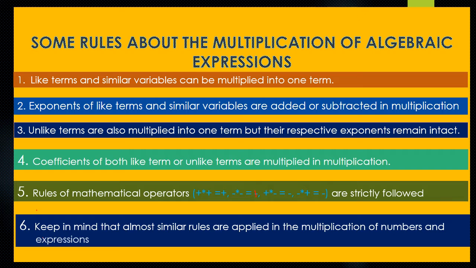When we multiply numbers or algebraic expressions, the rules are almost similar. There is not much difference in the rules. If you know the rules of multiplying numbers, then it is very easy for you to multiply expressions as well.